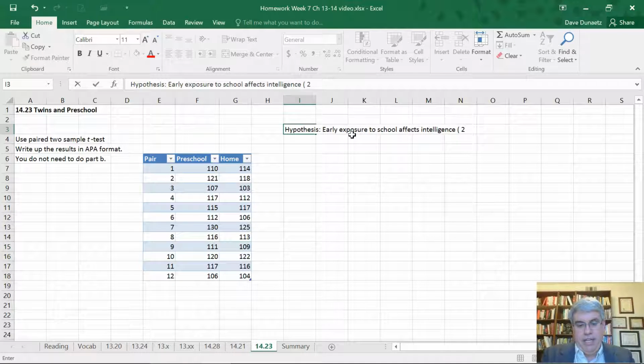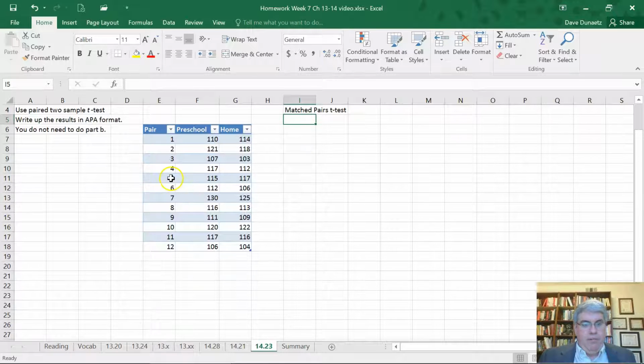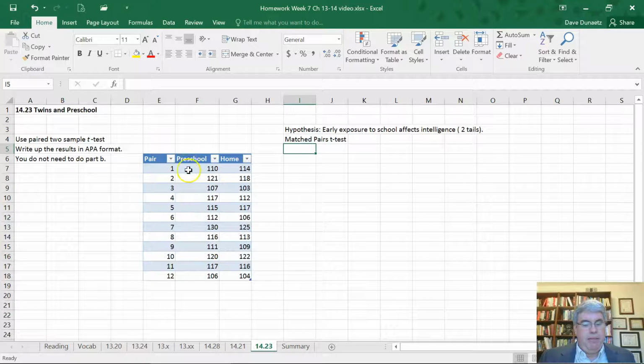And it's going to be a two-tailed test because maybe the kids that stay at home get a richer environment than the kids who go to school, or maybe the kids at school get a richer environment. So we're going to do a matched pairs t-test, because we've got 12 pairs of twins and we're going to measure the intelligence after their preschooling and after their homeschooling.